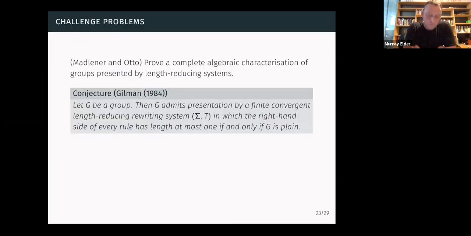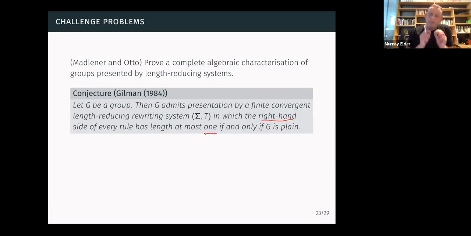Well, Gilman made this conjecture. A group admits a presentation by a finite convergent length reducing rewriting system in which the right-hand side of every rule has length at most 1. So Gilman was not trying to do the whole thing; it's a conjecture.